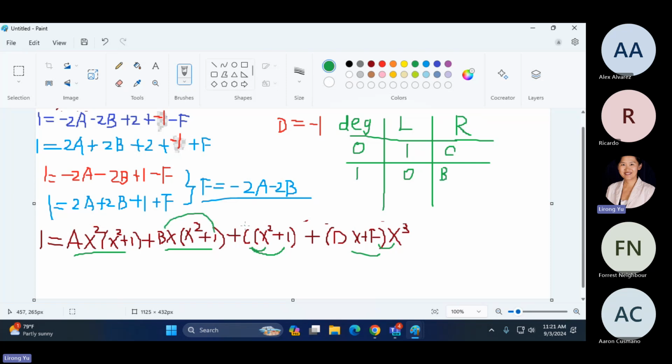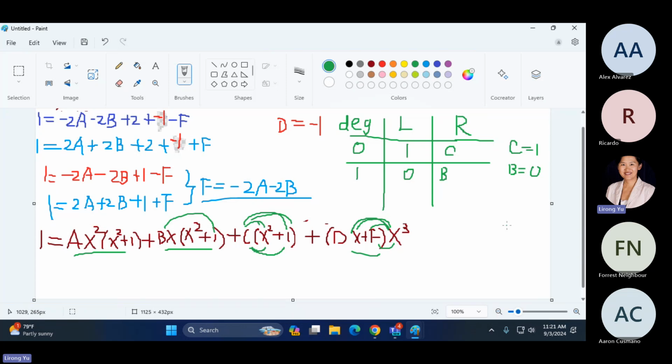So this indicates C has to equal 1, and B has to be 0, because B is the only degree 1 term on the right side, but there's no degree 1 term on the left side. So B has to be 0. That kind of explains why, right?